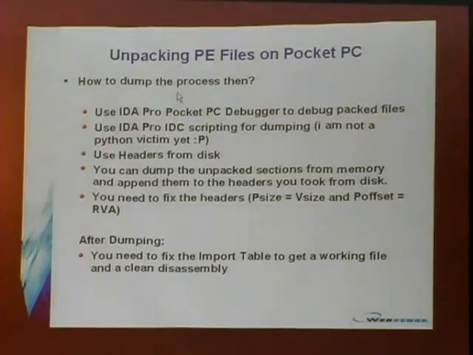And once we have the headers from disk, we can just append everything from memory to this header file. And then we need to fix the headers: we need to change the physical size to the virtual size and the physical offset to the size in memory for each section. And then you need to fix the import table for your files if you want it to be working or if you want to have a clean disassembly.